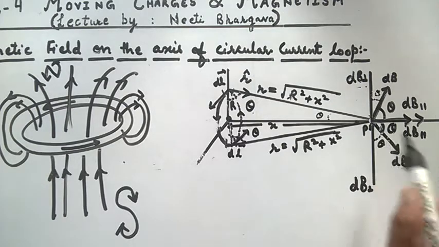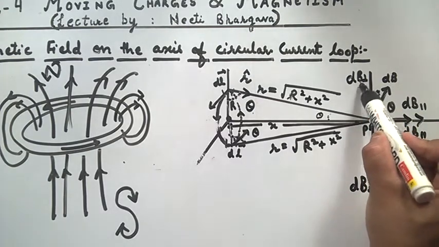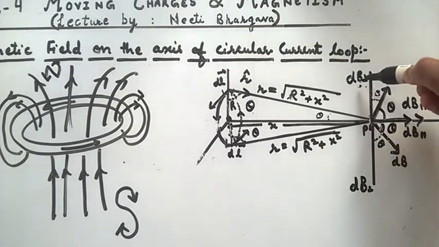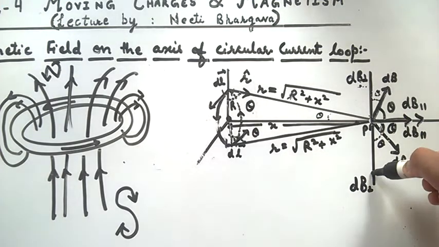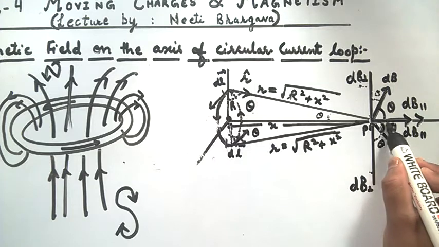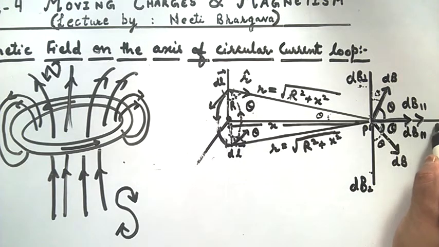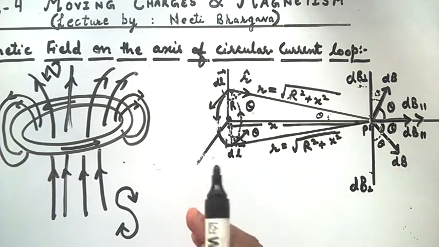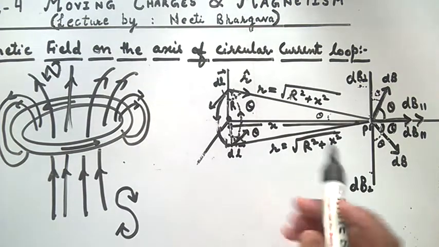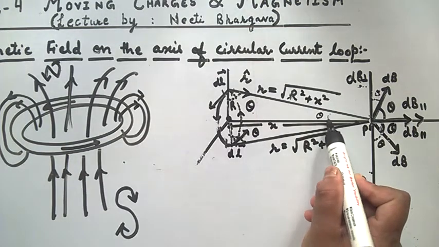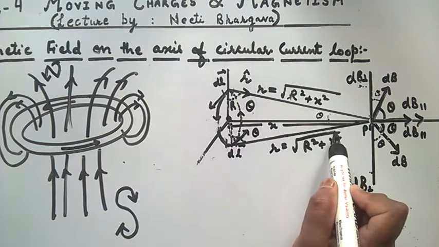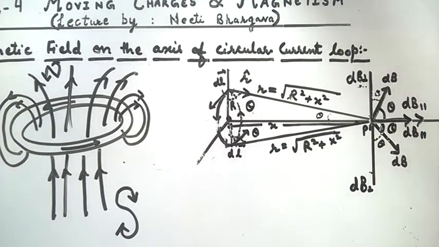Then in this case, here we will take dB cos theta, and dB cos theta will cancel out, and we will proceed with dB sin theta, and we will get the same value. So here it depends on the angle theta which we are taking. So this is all about magnetic field on the axis of circular current loop.